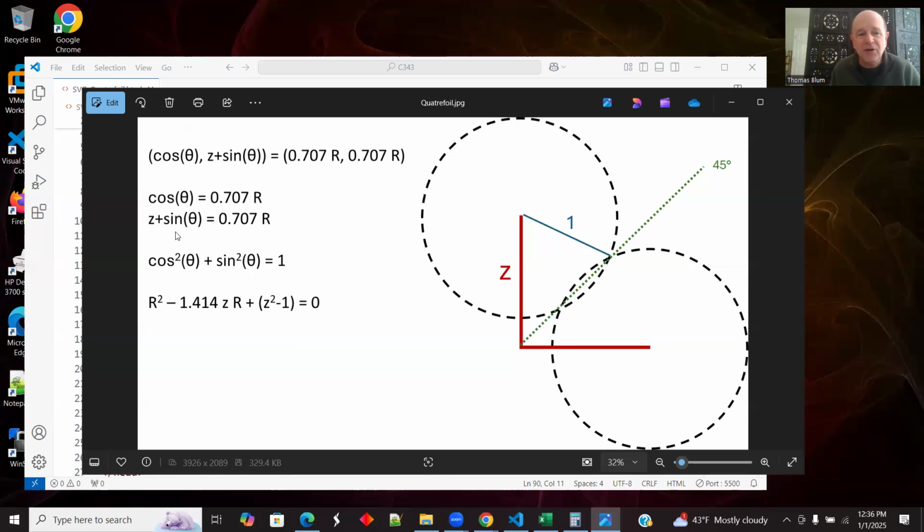Then I can use the trig identity cosine squared plus sine squared equals 1, solve this one for cosine, which it already is, and this one for sine, and substitute in. That gives me an equation for r in terms of z. Then we can use the standard quadratic formula to find r for z, and we will see that over in the JavaScript. Okay, so that is the geometry.